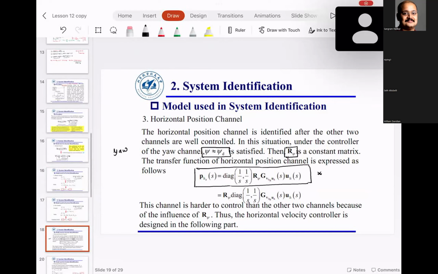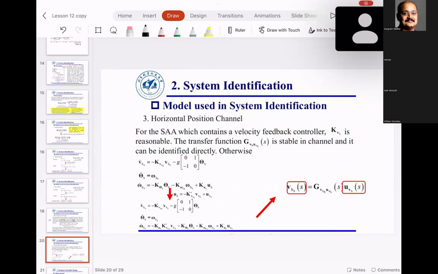Now, if you want to try the horizontal position control in a state space form, you can still do that. This is the state space equation, and you can implement the controller in the state space form, with the same Kps and Kds, and you will have a controller equation in the state space form.